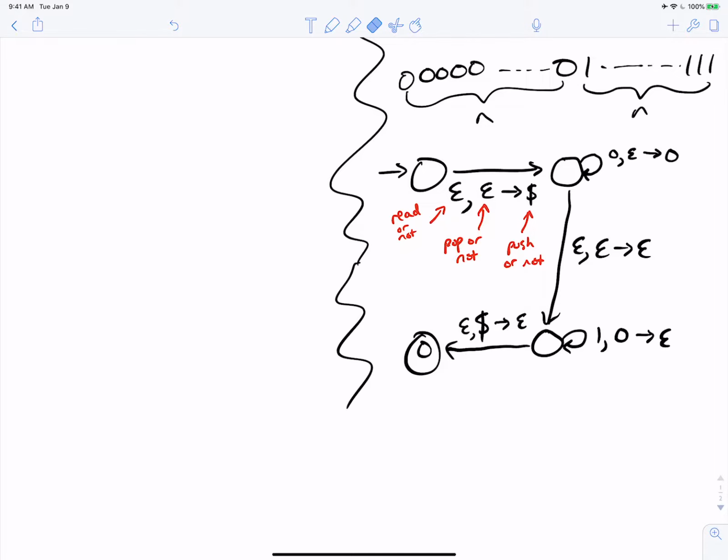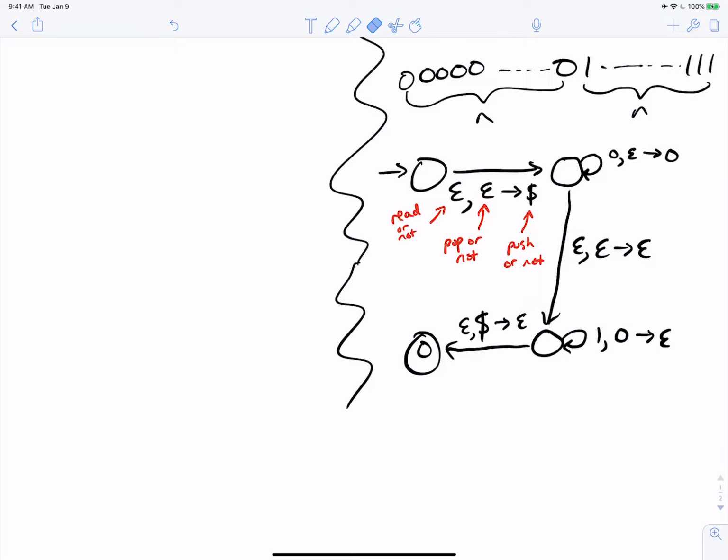Then we're going to put all the zeros on the stack, and let's say that there are more ones than zeros. Then the ones are going to match until the dollar sign is on the top, and I still have ones on the input. I still could take the transition to the final state, but I haven't read all the input. So that's the thing that gets us.